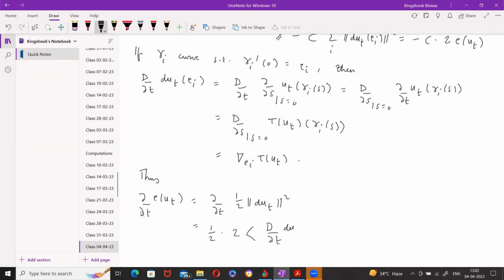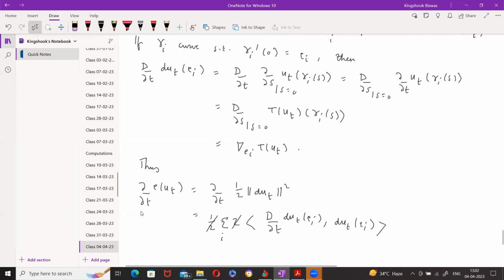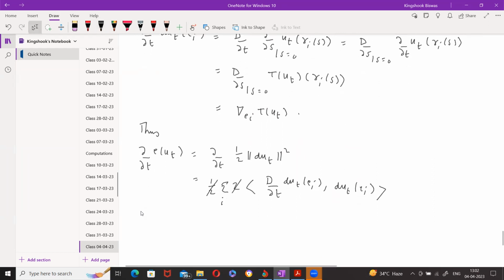So this norm squared is actually a sum over i, right? So I can write here sum over i. So the half and the 2 will cancel. D ∂_t of du_t of e_i, inner product du_t of e_i, right? Yes? Okay.